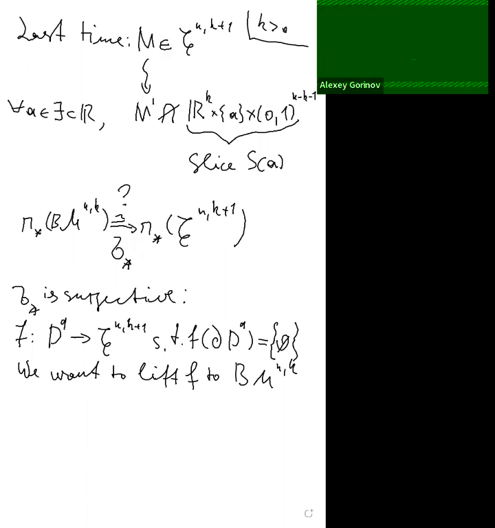And the elements of C_{n,k+1} are just manifolds. The projection to the first k plus 1 coordinates is proper, but otherwise we don't know anything about them.